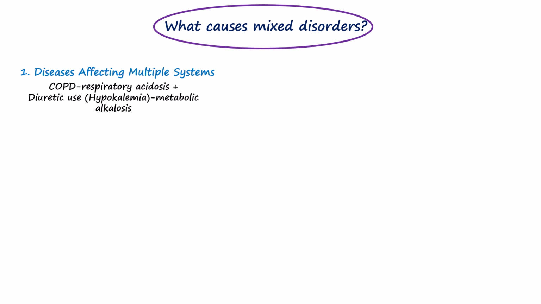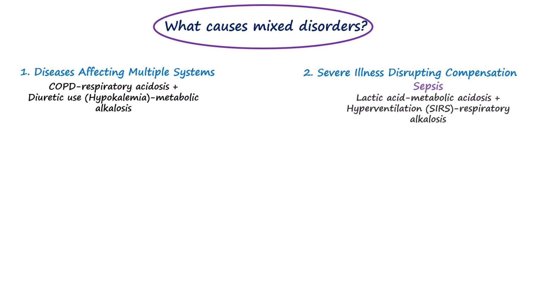Most often, we also encounter mixed imbalances in critical illnesses when the body's usual compensation mechanism shuts off. Take sepsis as an example. The infection causes metabolic acidosis from lactic acid buildup, while the inflammatory response drives respiratory alkalosis through rapid breathing. As we can see, the system gets pulled in two different directions at once.